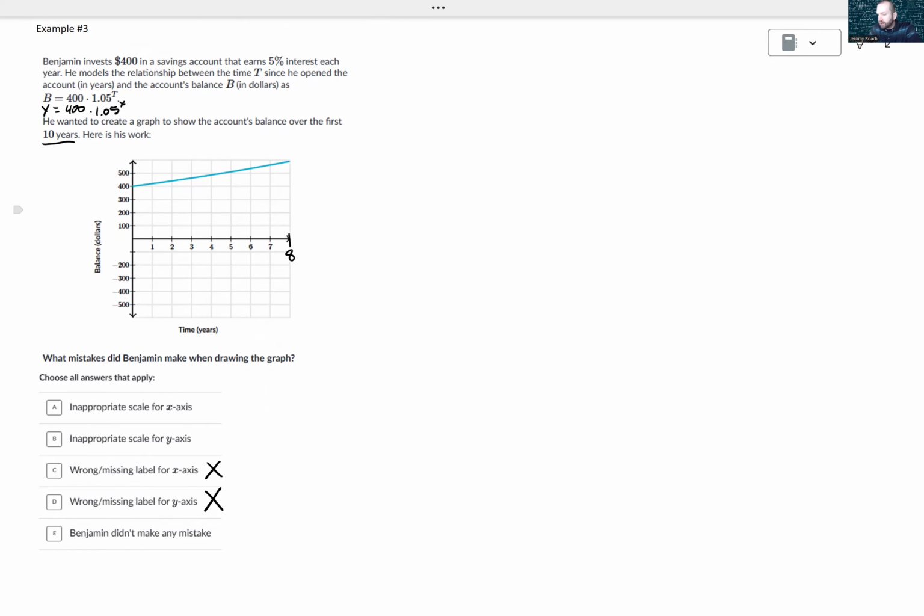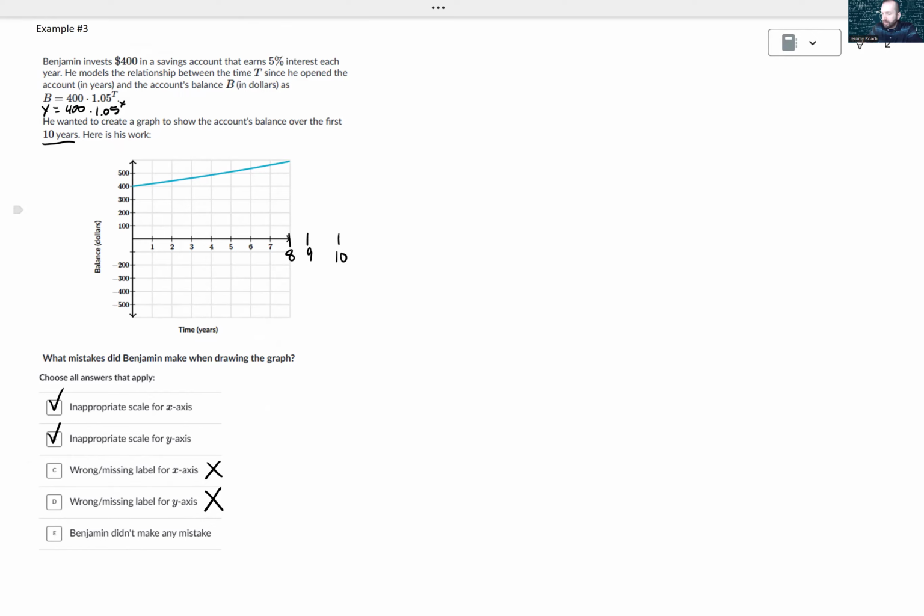But if we go to 9 and 10, we don't know what that value is. We can plug in some values in the equation, but it doesn't show us properly on the graph. So we would say there's an inappropriate scale for the x-axis, and there's also an inappropriate scale for the y-axis.